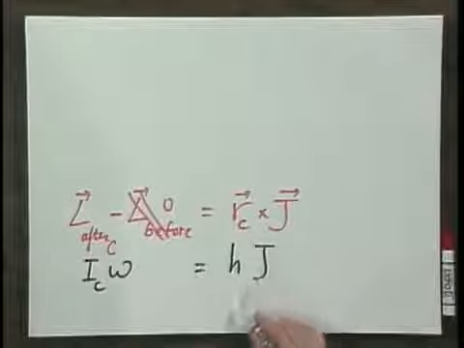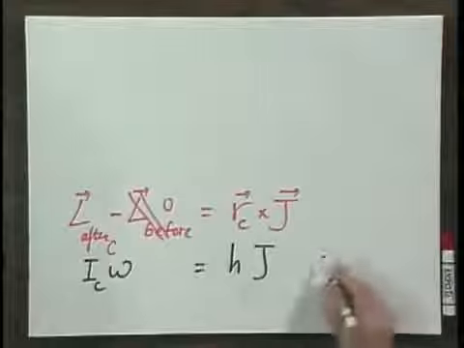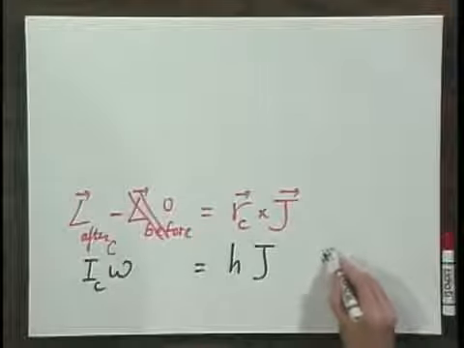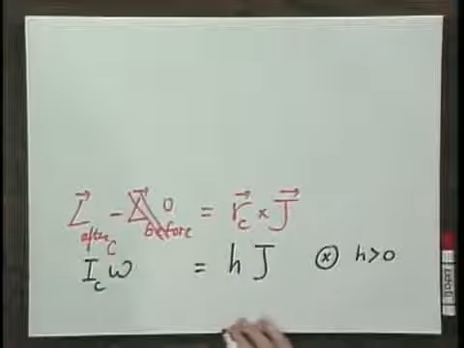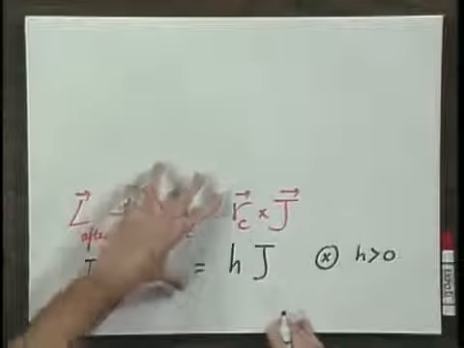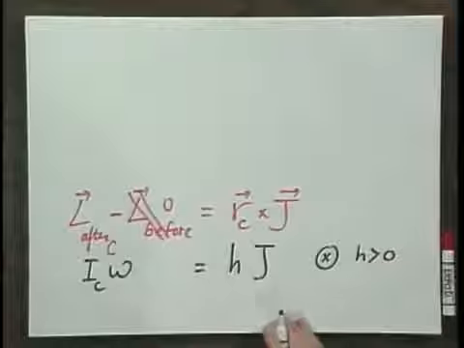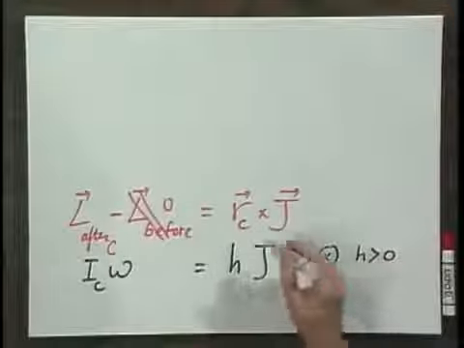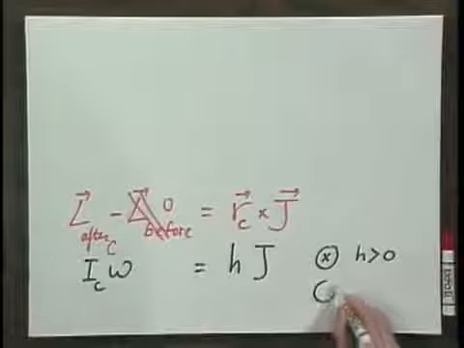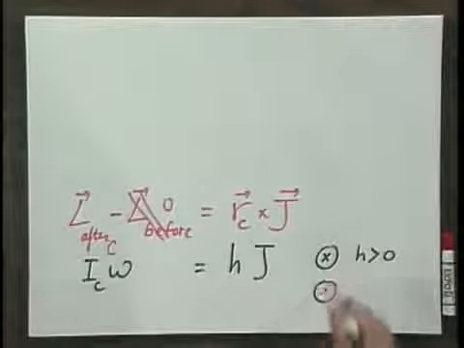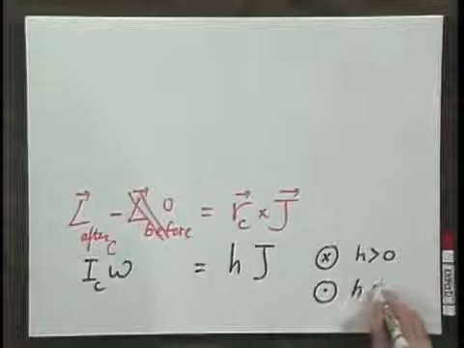The direction of this vector would be into the paper if h were larger than 0. The ball would start to rotate clockwise, and therefore the angular momentum and also this cross product is into the paper. That vector would be out of the paper if h were less than 0.